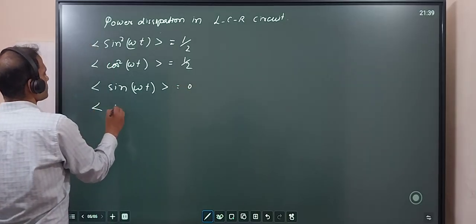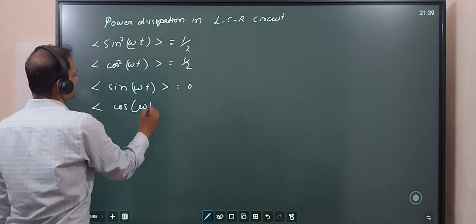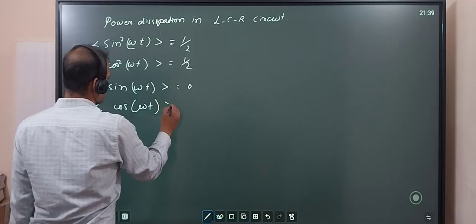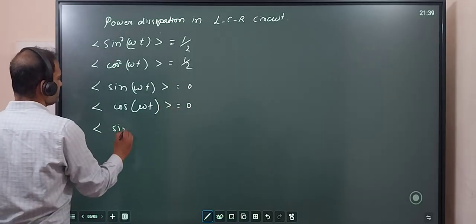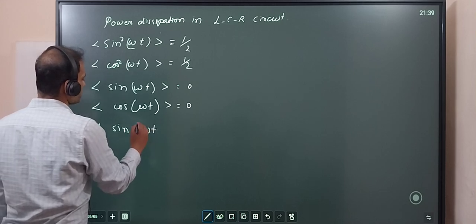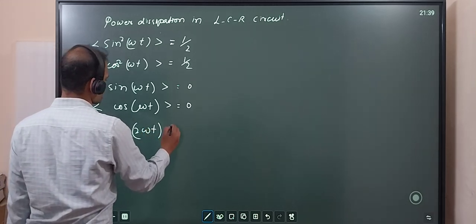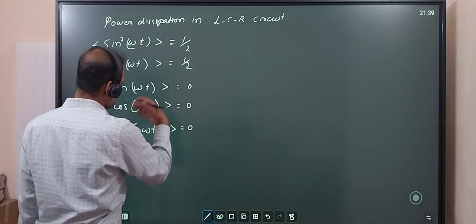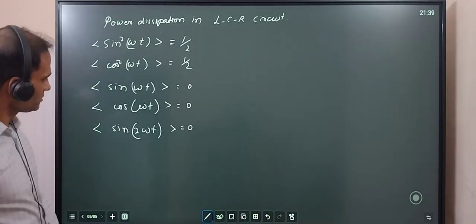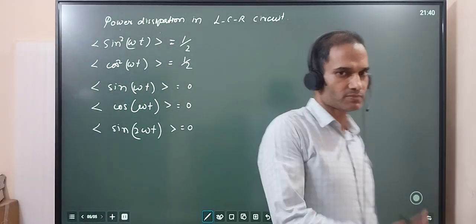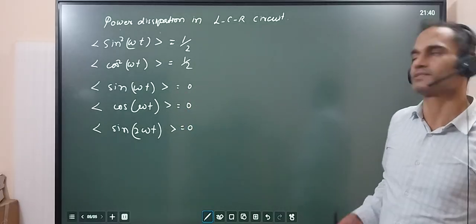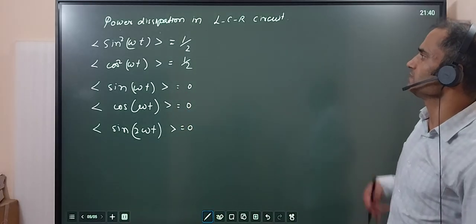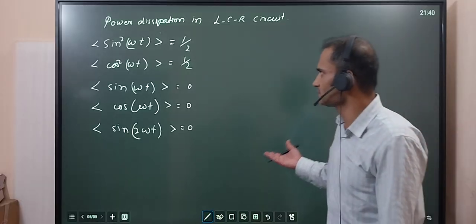The average value of cos omega t over one time period is 0. The average value of sine 2 omega t over one time period is also 0. These are the results we have already discussed.